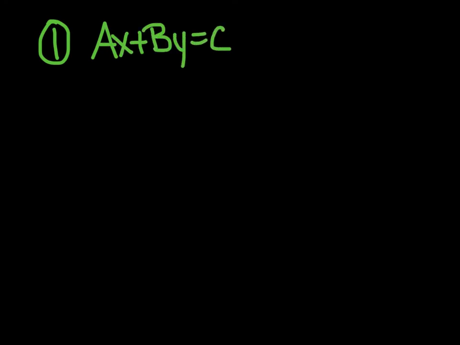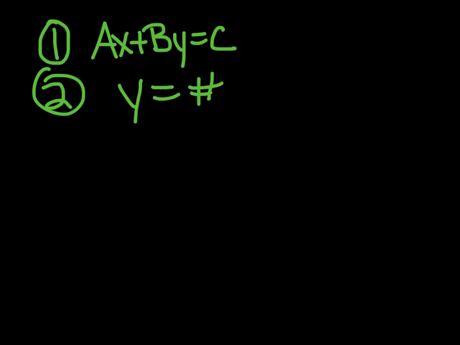Okay, so what do we need to know for a quiz? The first thing that you should know is that standard form is ax plus by equals c. Another thing that I would know is that y equals some number, such as y equals 2, is a flat line through the y-axis at the number 2.